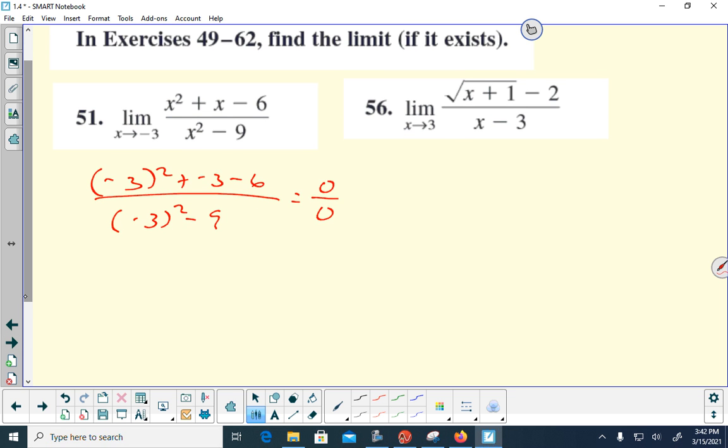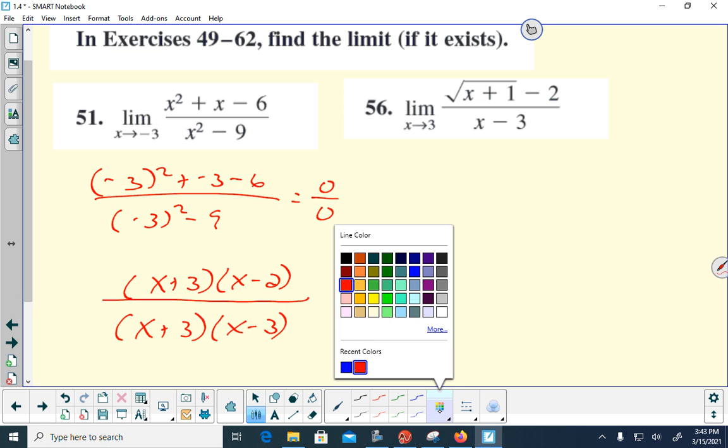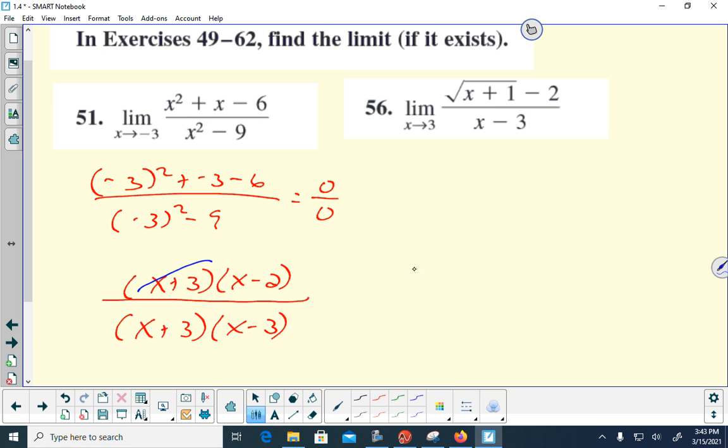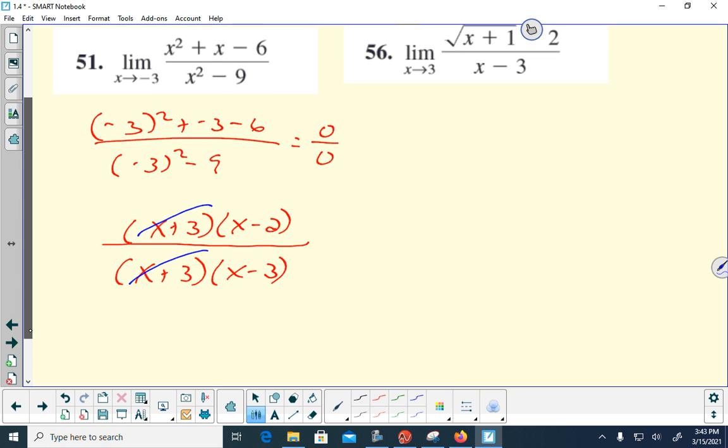So I'm going to factor the numerator using product sum, which factors as x plus 3, x minus 2. The denominator factors as x plus 3, x minus 3. So the x plus 3's will simplify. I'm left with this new function that's x minus 2 over x minus 3 that agrees at every point except when x is equal to -3.